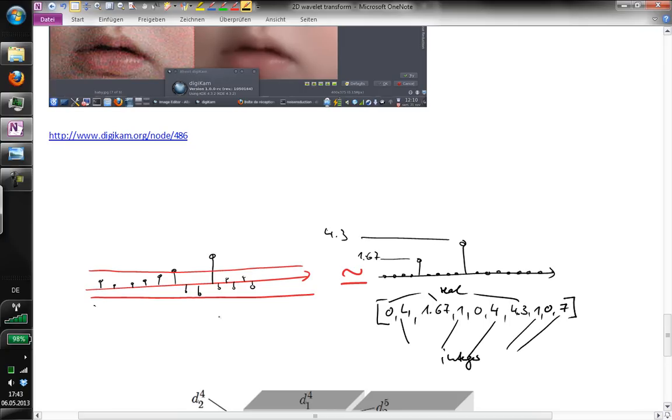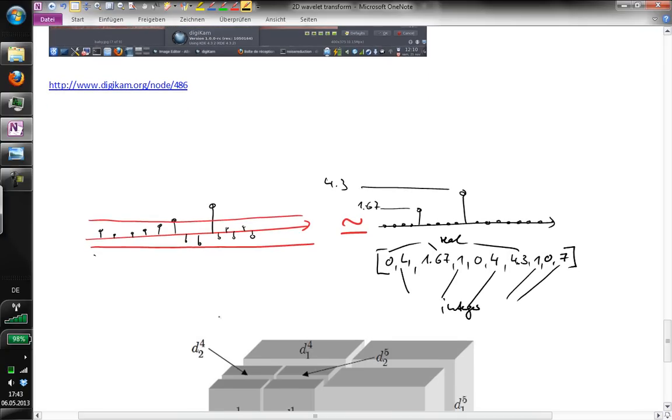Now beyond that, this might not be 1.67, but 1.67832. It might have very many digits. So beyond that, you will quantize. So you will round to some close by value, and you're not going to do this quantization one by one, but you're going to quantize pairs, triples, quadruples of numbers.